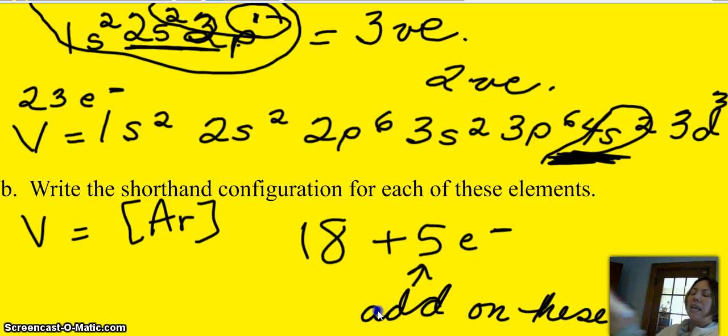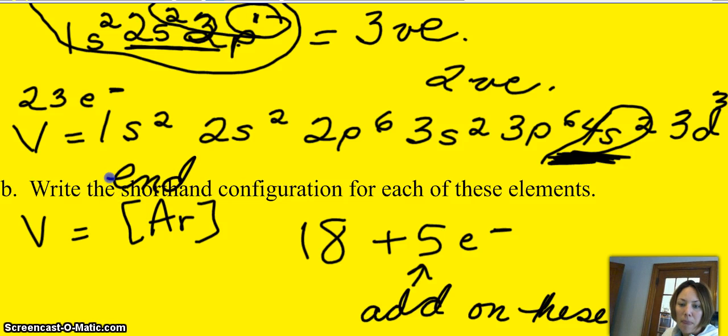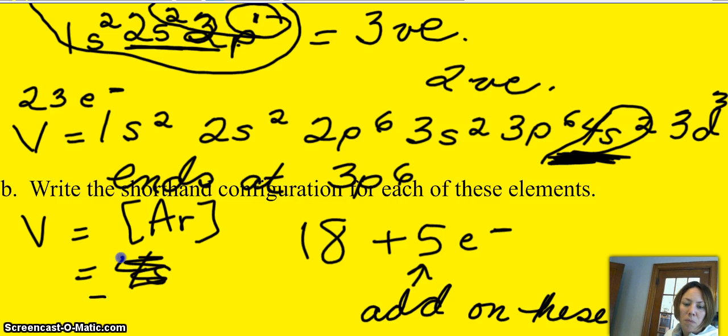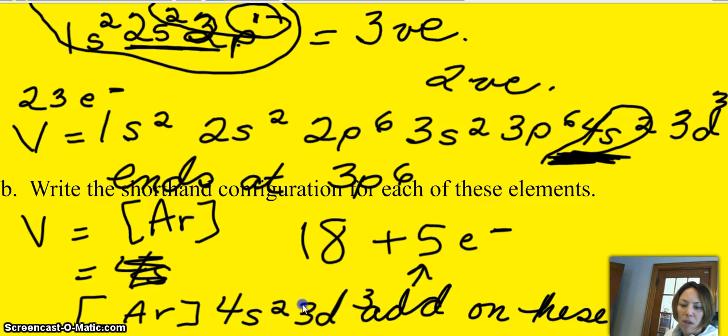So this configuration here really ends at 3p6. So we just have to add on what comes after. The 5 electrons come after, so it will be argon. After 3p6 comes 4s2, 3d3. There's our argon plus our 5 electrons.